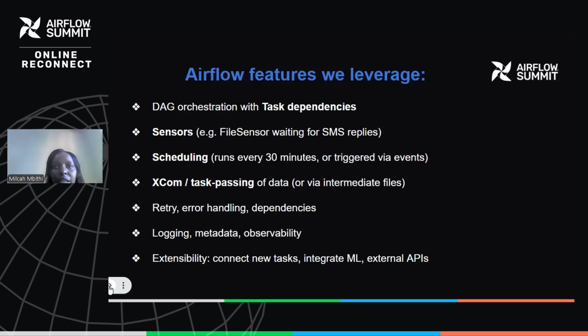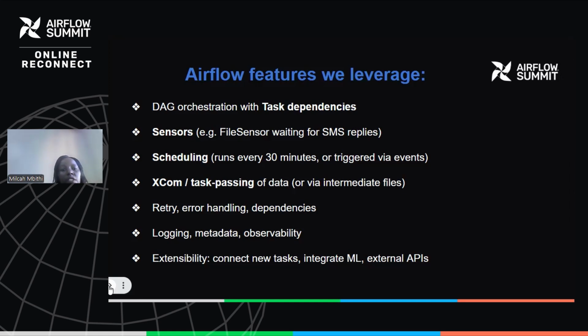XCom is another Airflow feature, which basically moves the data between tasks. Another feature in Airflow is the retry and error handling. In case a task fails, one can log in and keep track of everything that has been happening in the entire project or process.